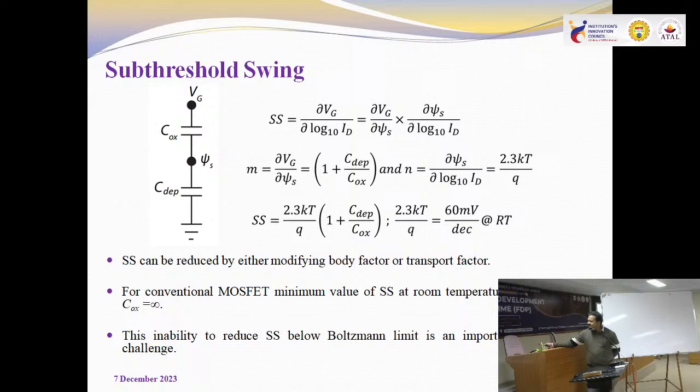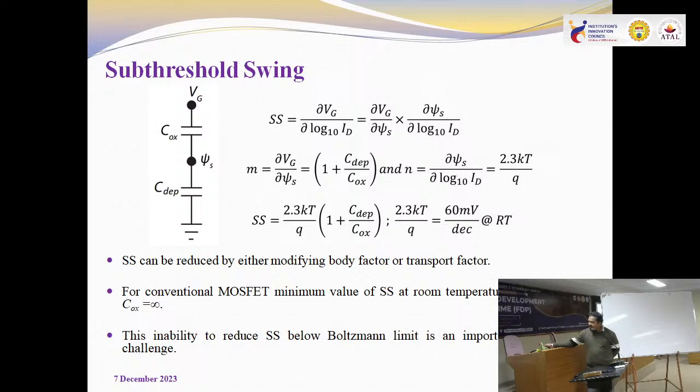If I solve this equation, M comes out to be 1 plus C depletion by C oxide, and N comes out to be 2.3 kT by Q. So subthreshold slope can be written as 2.3 kT by Q into 1 plus C depletion by C oxide.